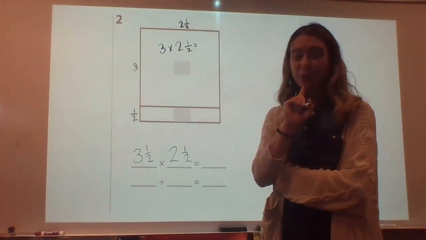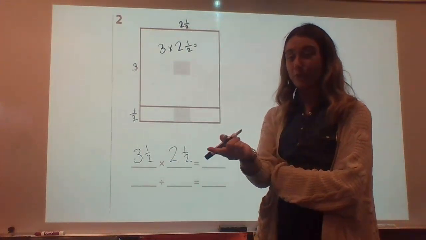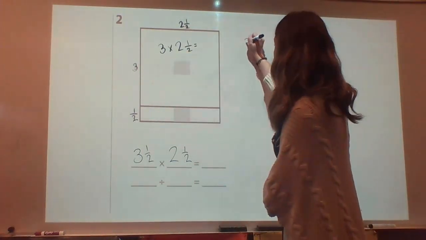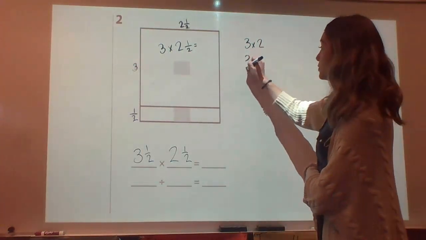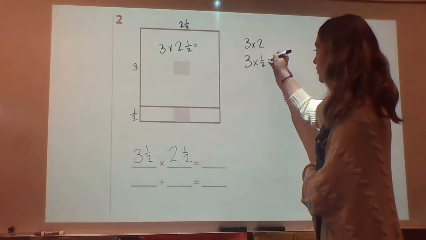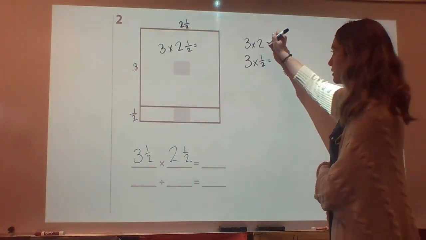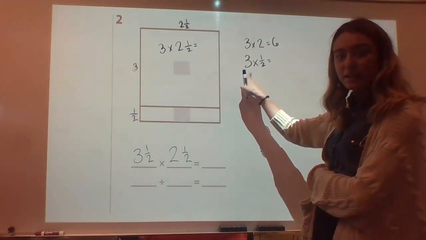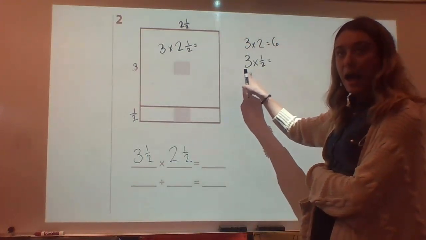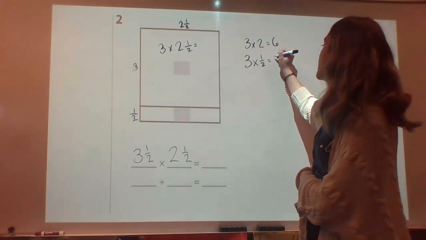Now, I might take this apart for my own sake to figure it out first. So I'm going to do 3 times 2, and then I'm going to do 3 times 1/2. And then I'm going to put them together. 3 times 2 is 6. Now, what's half of 3? I know half of 3 is 1 1/2.